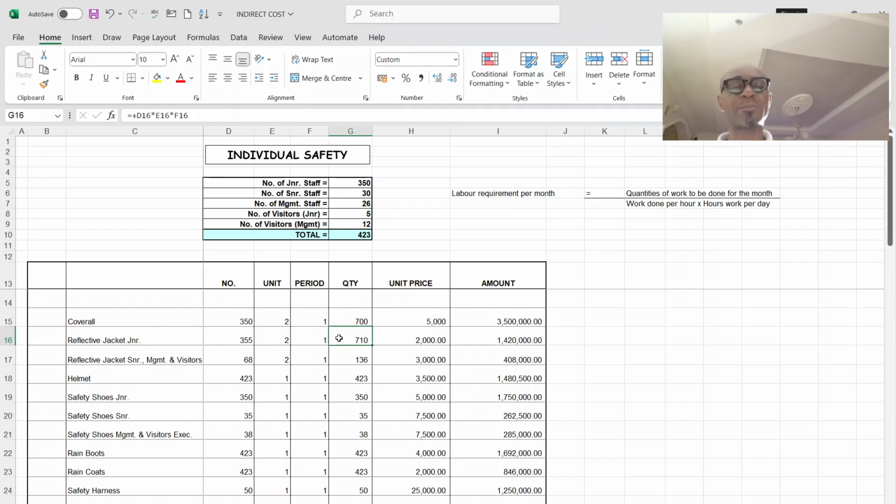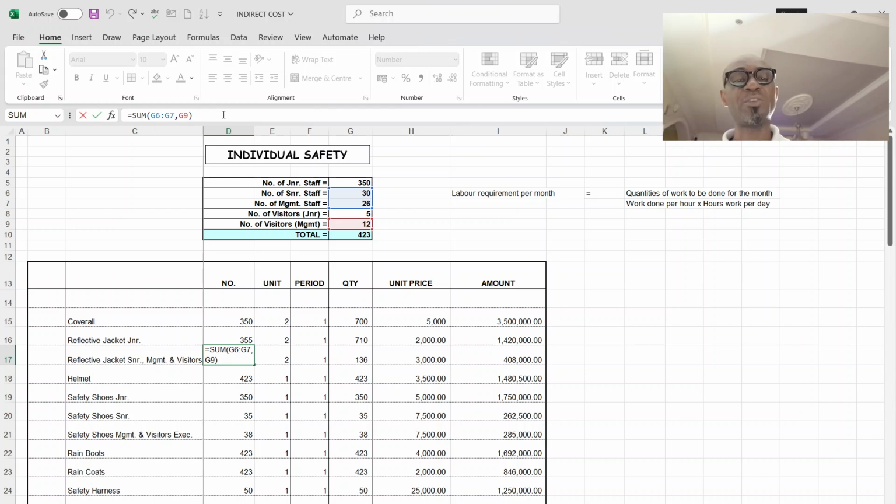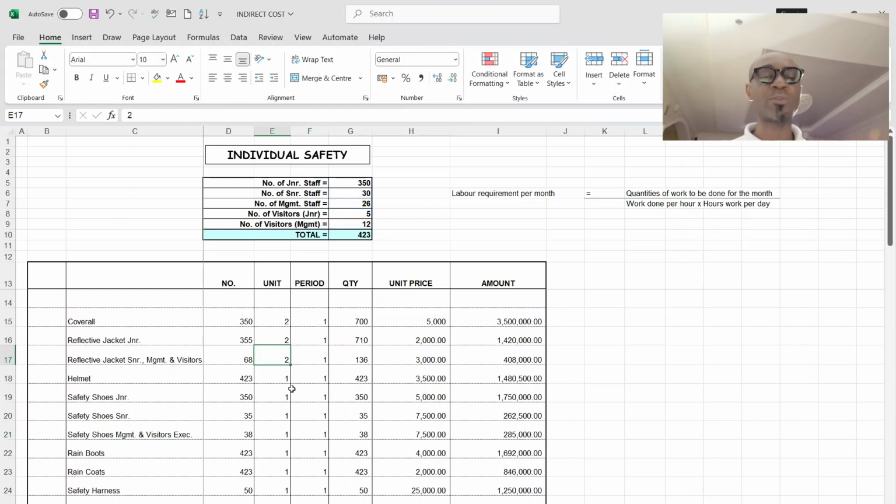The total number is 710 at 2,000. The reflective jacket for senior staff, management staff, and their visitors is going to be 68. They are going to get two as well, 136 at 3,000.